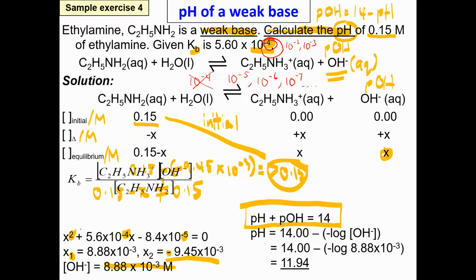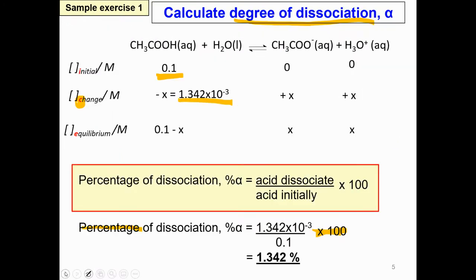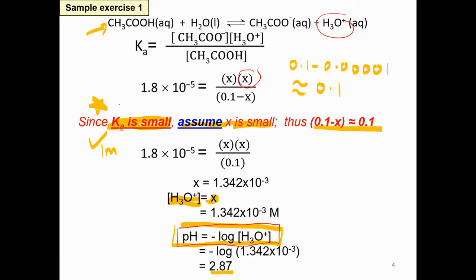We must use quadratic. If let's say it is -5, -6, -7, then we can use assumption. Just like this. Since Ka is very small, we assume that x is also small. Thus, 0.1 minus x equals 0.1.